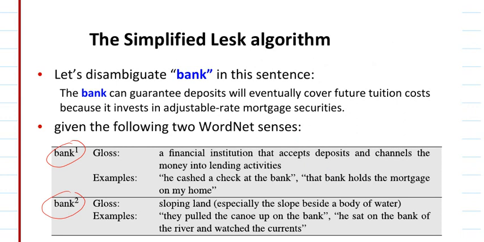And we have these examples present. The word bank is utilized in the sentence. So the bank holds the mortgage of my home. Similarly, he sat on the bank of the river. So these are the usage of the senses of the word in a sentence.